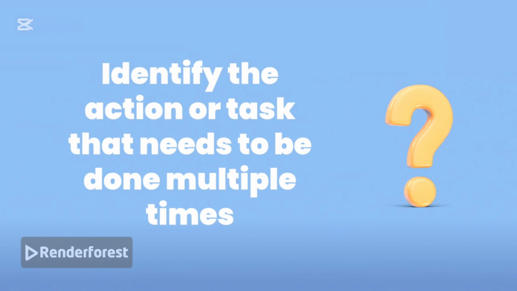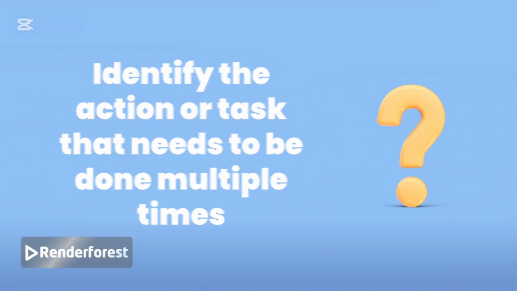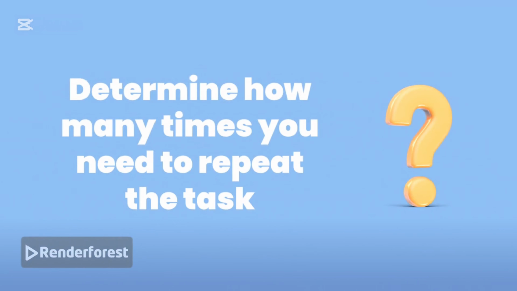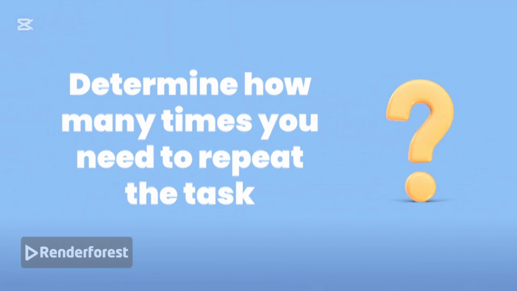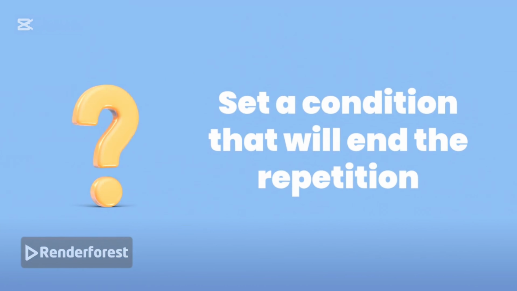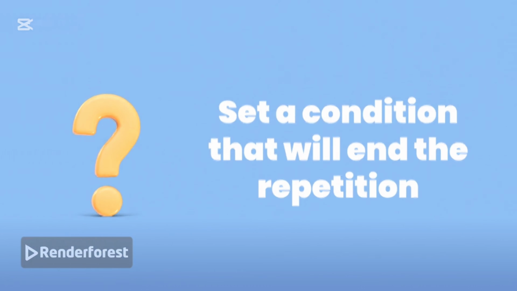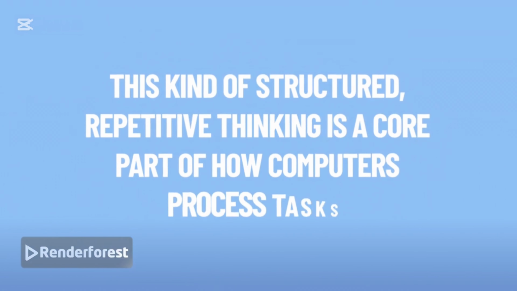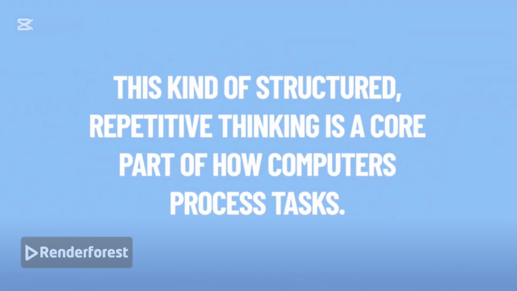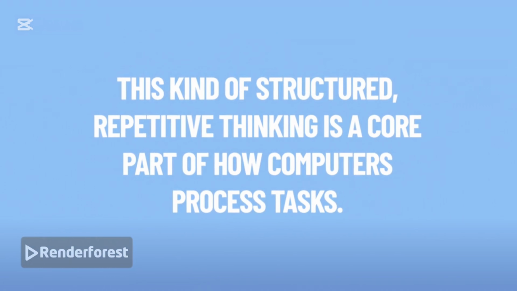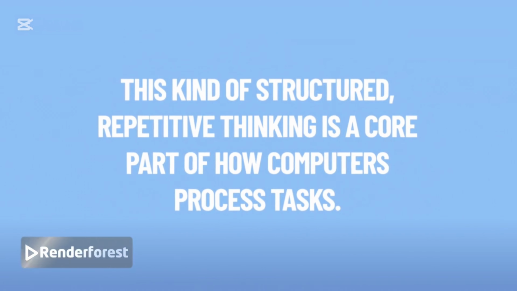So you have to identify the action or task that needs to be done multiple times and determine how many times you need to repeat the task. And also don't forget to set a condition that will end the repetition. This kind of structured and repetitive thinking is a core part of how computers process tasks.